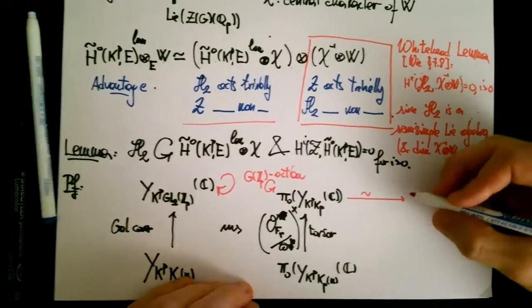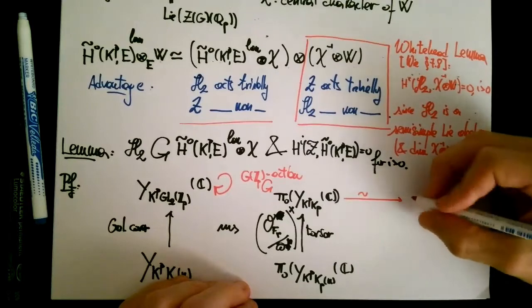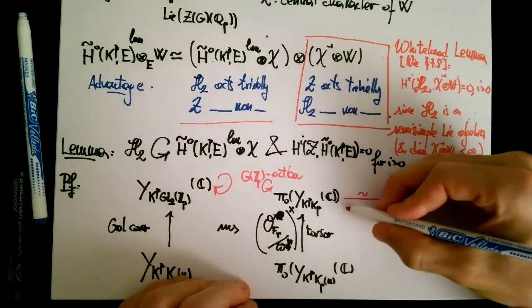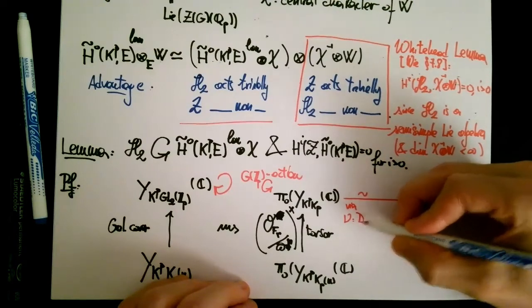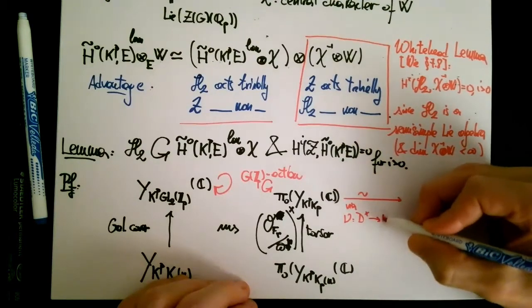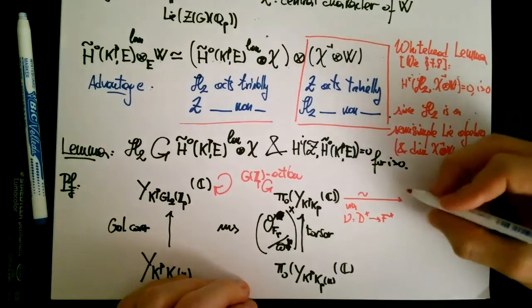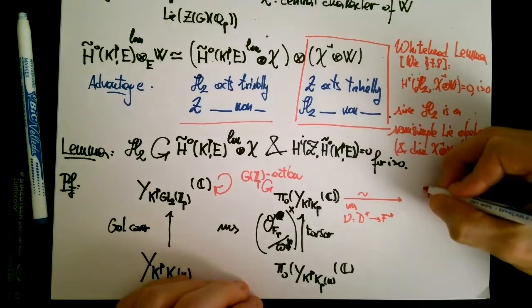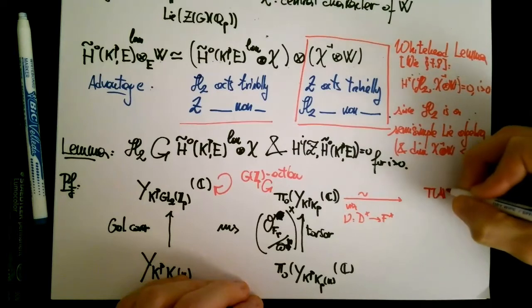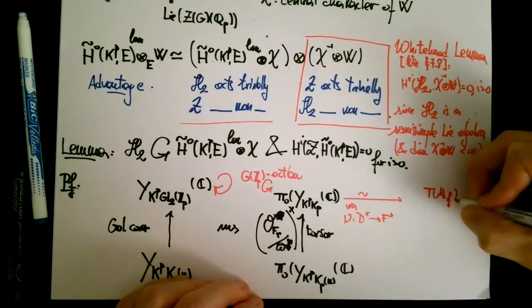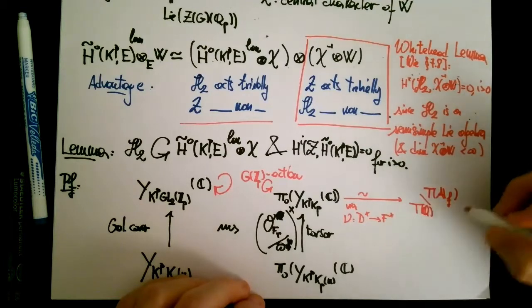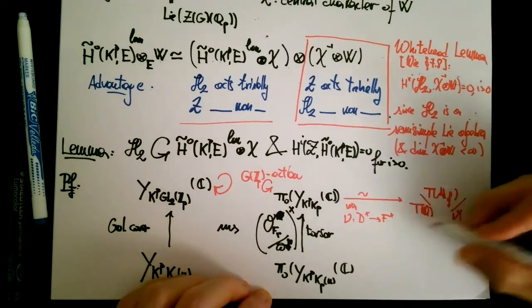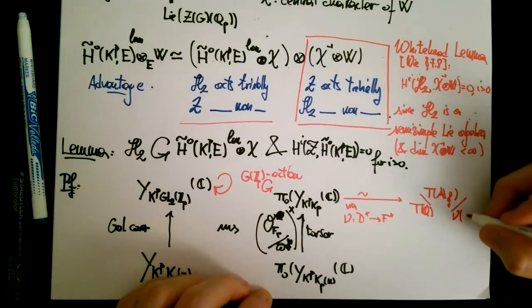And the key point is that this is isomorphic via the reduced norm to the torus of the finite adelic points, T(Q), and here we have the image via the norm of K^p, K_p.